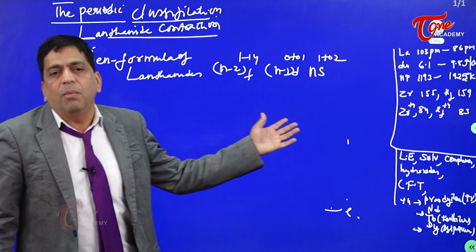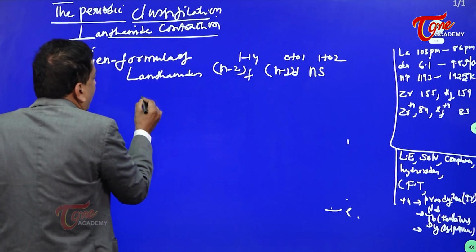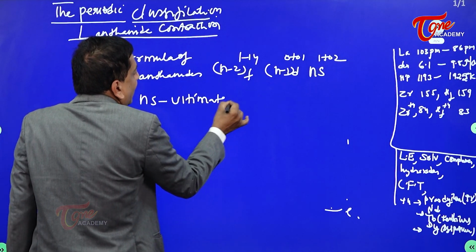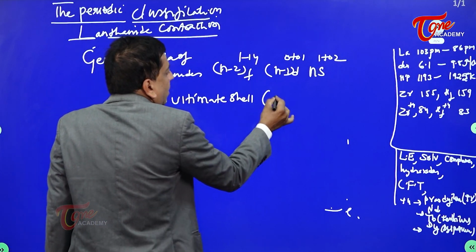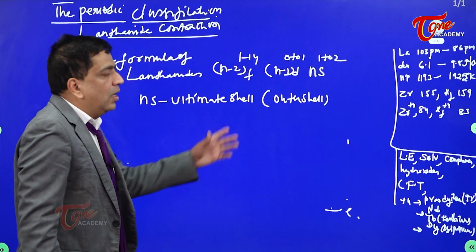That is the general formula of lanthanides. And remember, this ns is called the ultimate shell. When I say ultimate shell, this is the outer shell, that is the outermost shell.